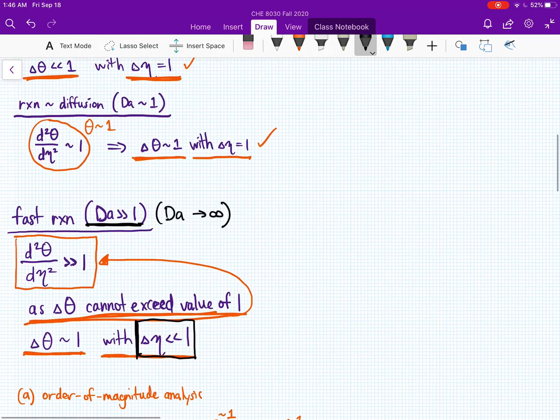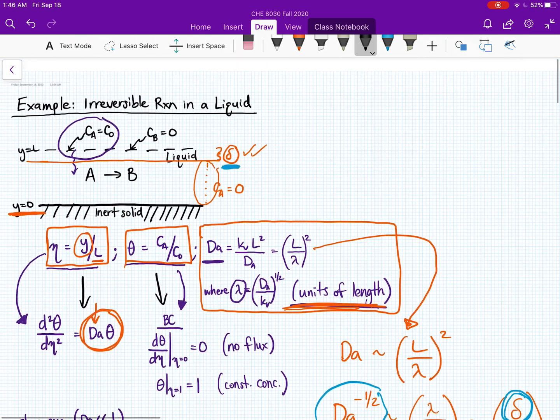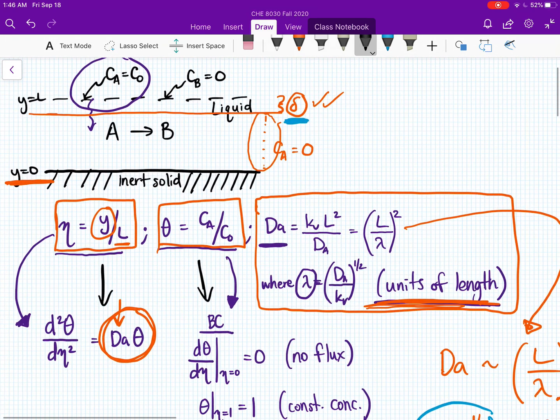But if I scroll back up to the drawing of the problem, I want to point out that after this depth of delta, no matter where I sample in my film, I have no concentration of A. Therefore, this boundary of my original problem at y equals 0 is essentially infinitely far away from where my new boundary is for my problem. Right? My dynamically interesting length scale.